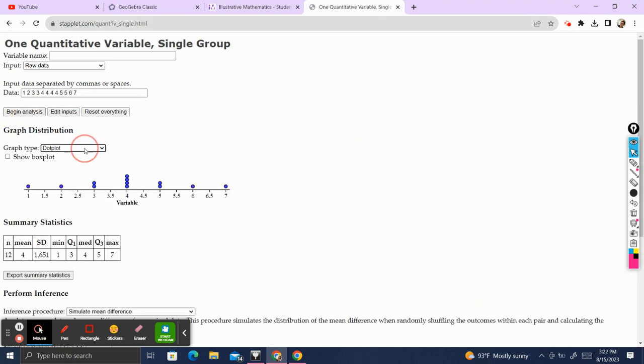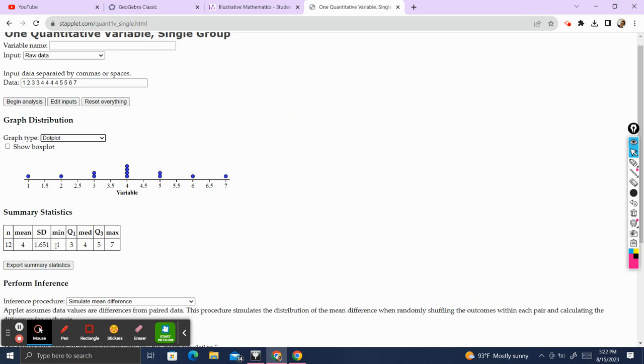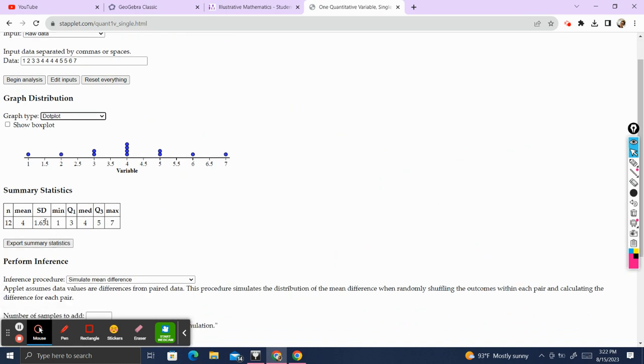Now it automatically makes us a dot plot, which is nice. But down here is what we're going to look at in the summary statistics. In this case, we see the mean is a 4, and the standard deviation is a 1.651. So let's write that down. We have the mean equal to 4, and the standard deviation equal to 1.651.